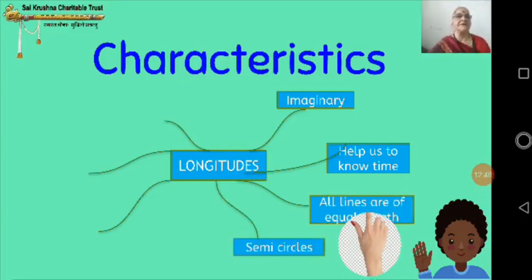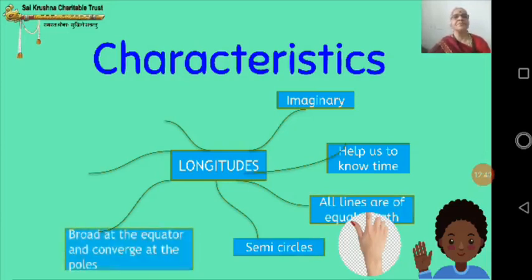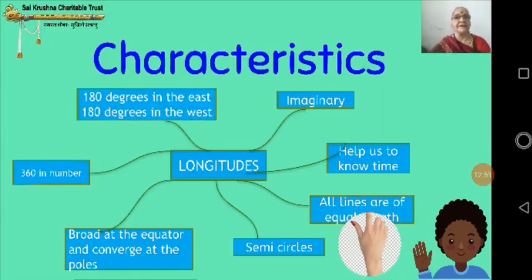They are semicircles. Very good. Broad at the equator, converge at the poles. They are 360 in number. 180 degrees in the east and 180 degrees in the west. There are so many lines. Have you understood, children? Is it easy for you to remember?